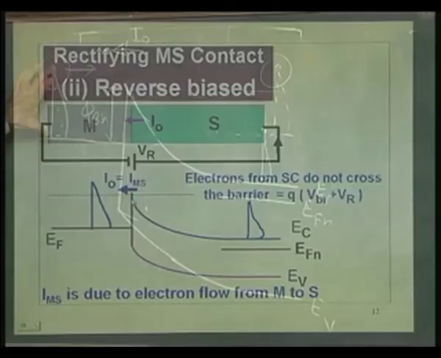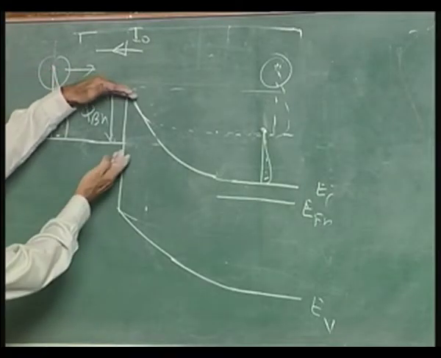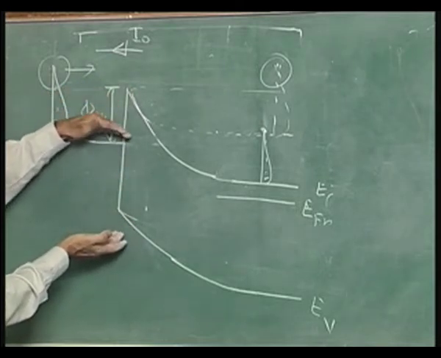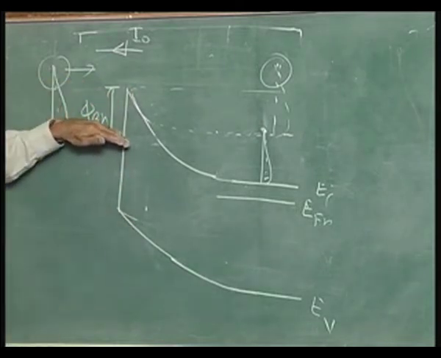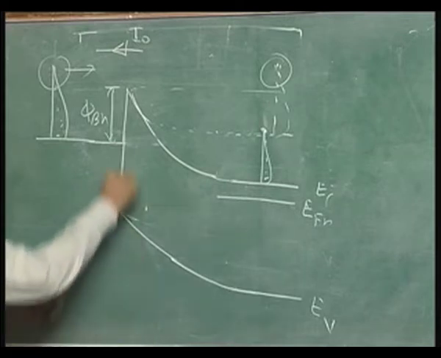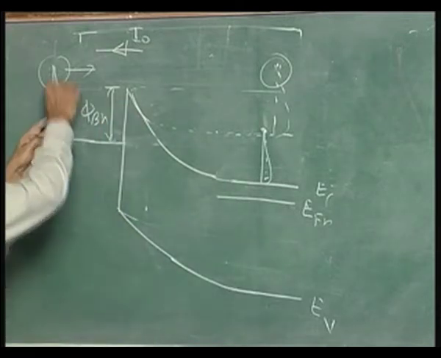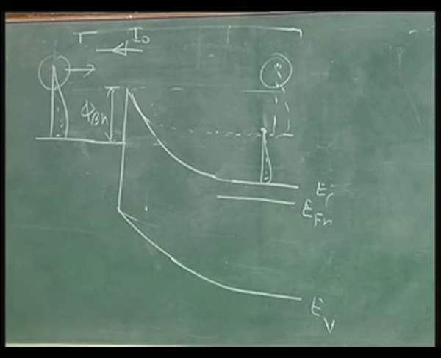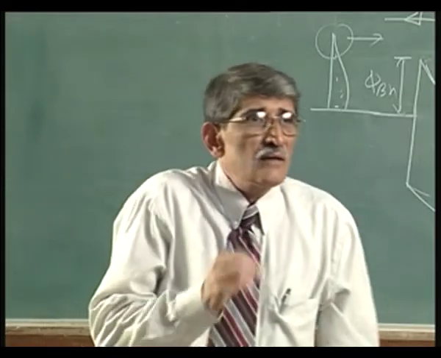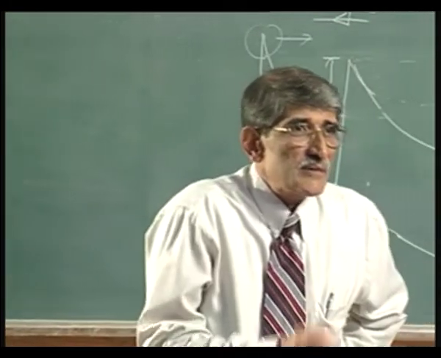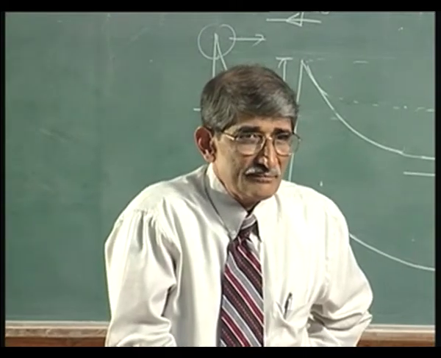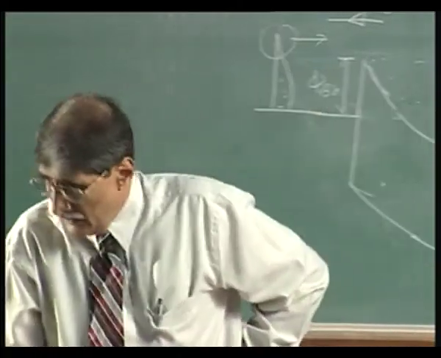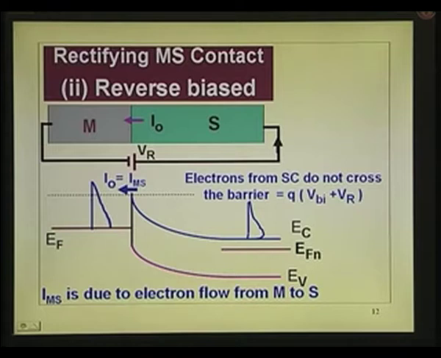You can just hold this here, pull the entire thing down, all these electrons will have energy up. Supposing I have this barrier only this much, all these electrons have that energy. So, what I am trying to point out is, if you want to cut down I naught, you must have higher phi Bn. That is what you have to do. So, this is a key thing whether you want to decide a rectifier or an ohmic contact.